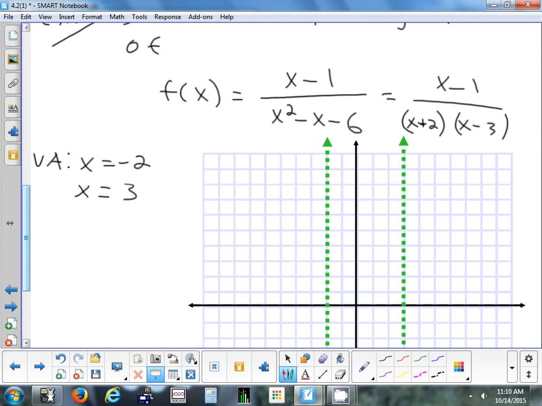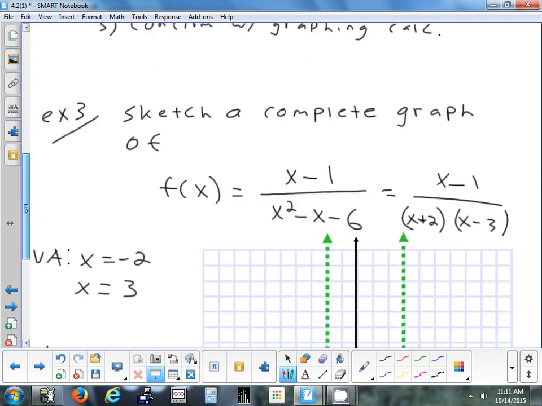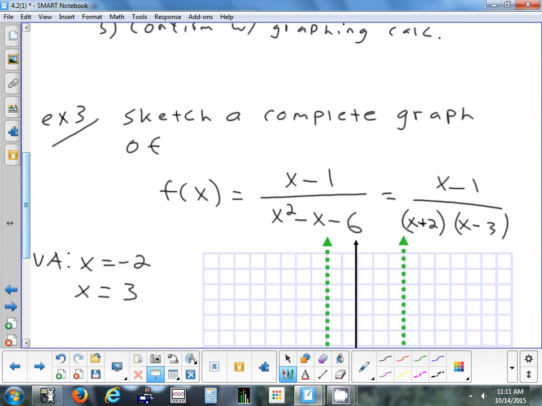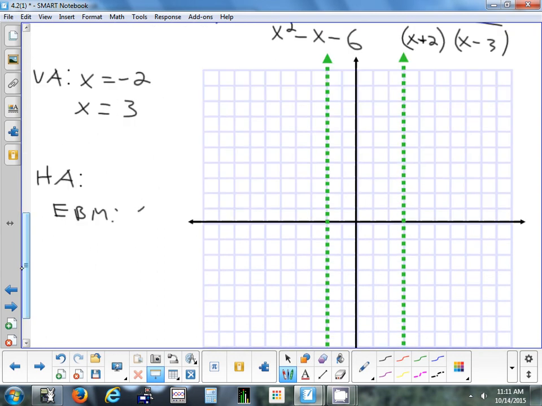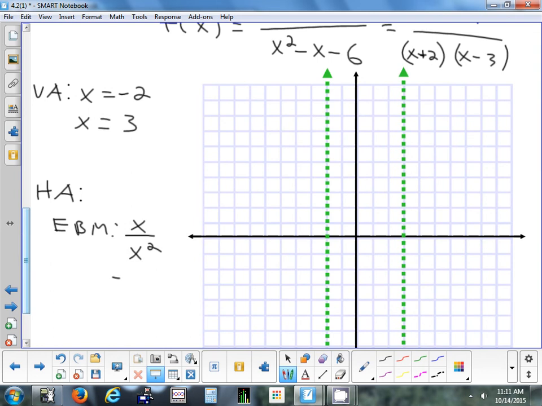Let's find horizontal asymptotes. To do that, we need the end behavior model. In this case, Devin, what's the most powerful term in the top? x. Yep. And the bottom? x squared. And what does that reduce to? Just 1 over x. Good.